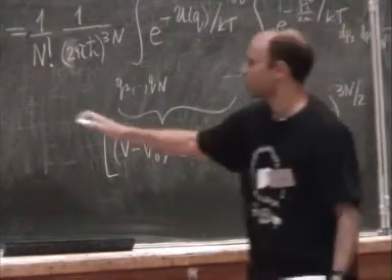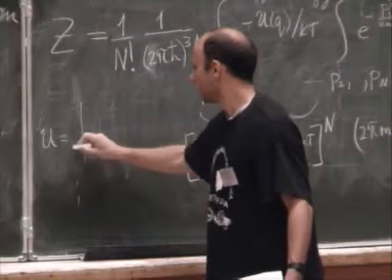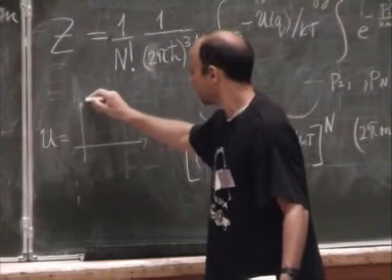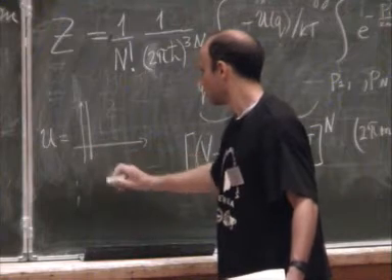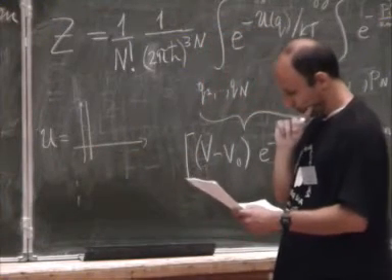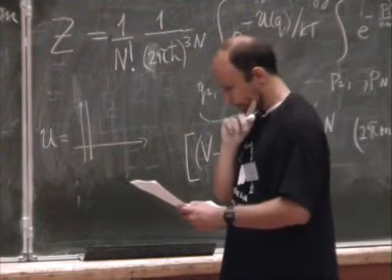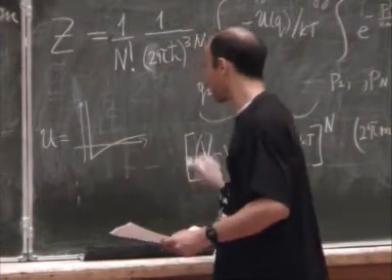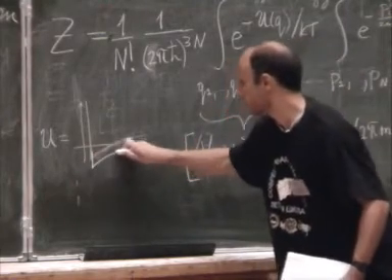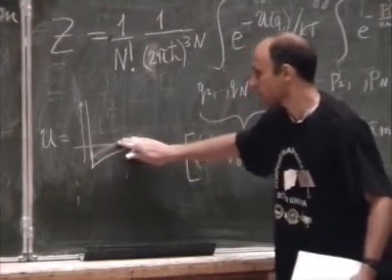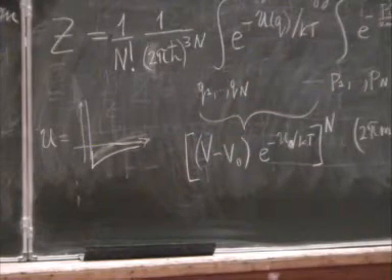So maybe now I can even write U. So U is something like that. So that's the energy of interaction between two particles. We approximate it in this way.